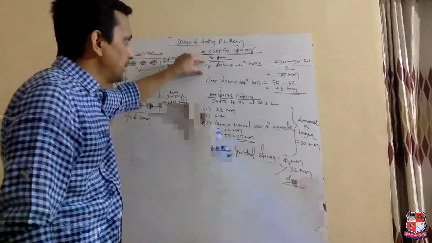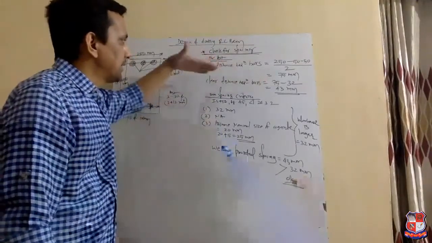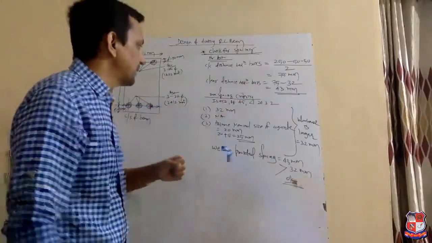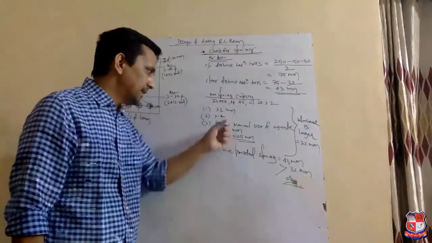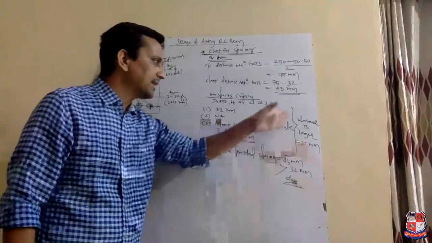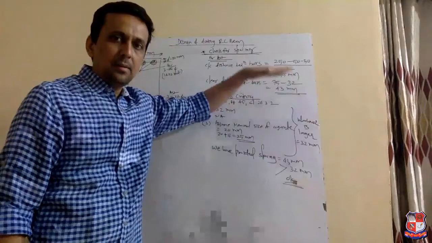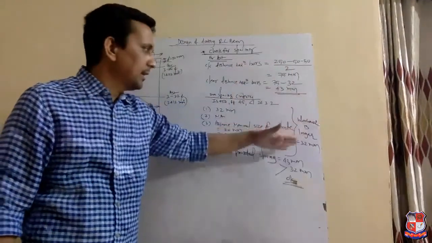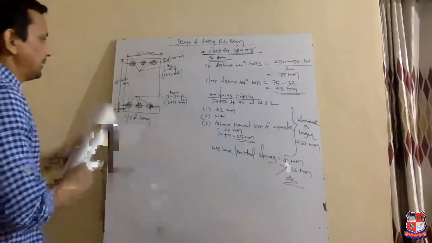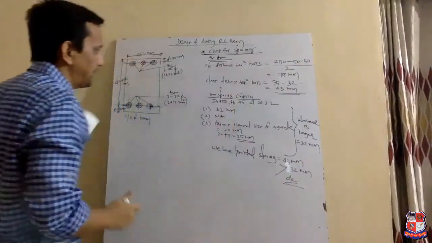First, what you need to do is find the center to center distance between bars. From that center to center distance, just find the clear distance between bars. Then from IS 456 page number 45, find the three criteria. And whichever is larger among these three criteria, take the maximum of these, and our spacing must be greater than this value. So our reinforcement satisfies the minimum spacing criteria as per IS.